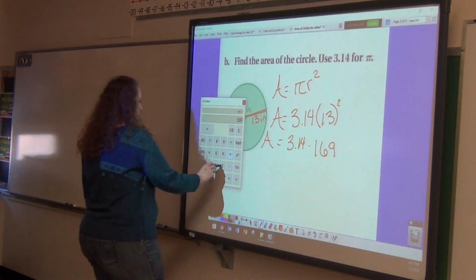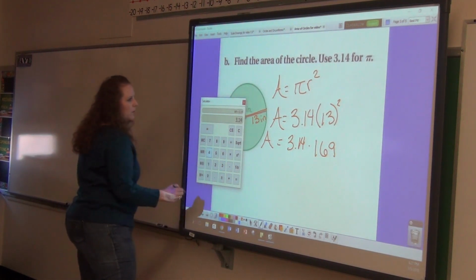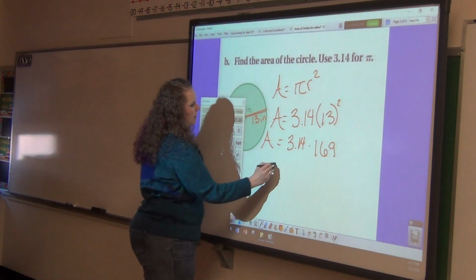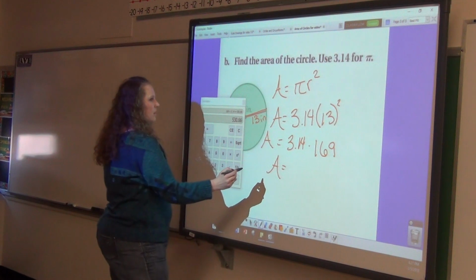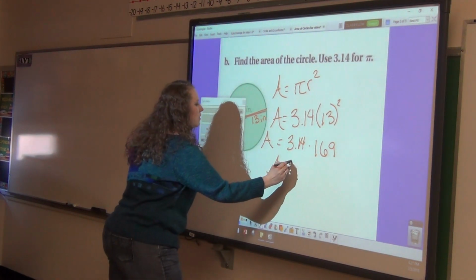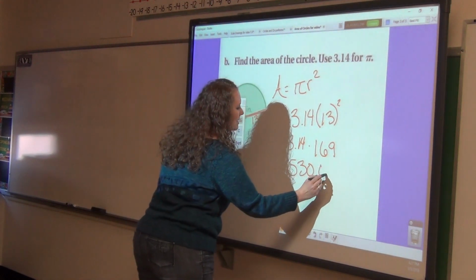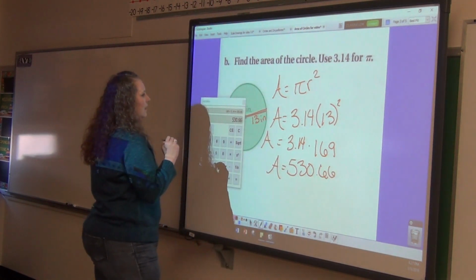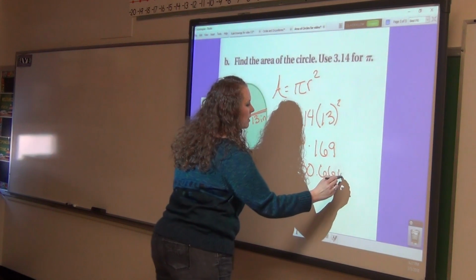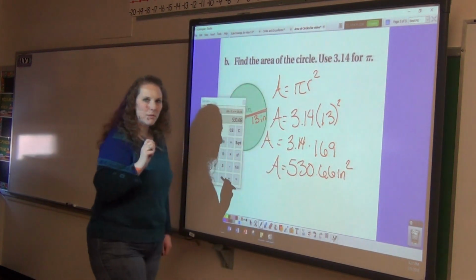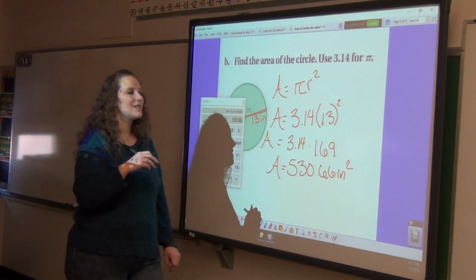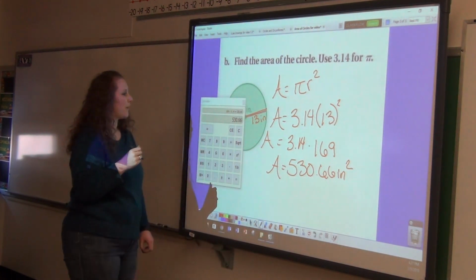So when we times that by 3.14, we get our area as 530.66 inches squared. Make sure you label inches squared and not just inches, because area is squared.